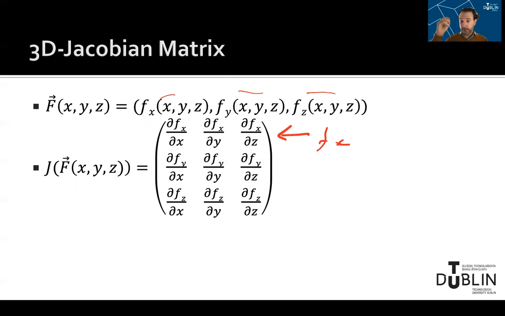Here you get 9 answers. Next line, you do it for fy, differentiate with respect to x, y, and then z. And lastly, the z component and differentiate with respect to x, y, and then z. So you have 9 derivatives. Yeah, 9 in total. You start with 3 and you end up with 9.